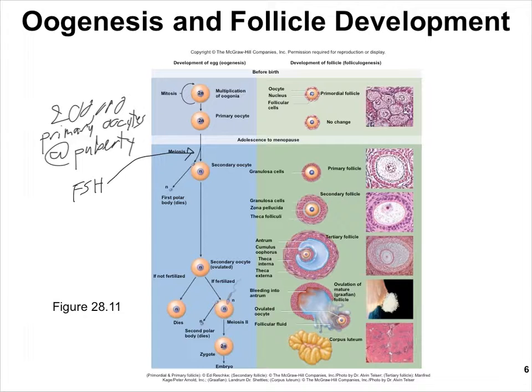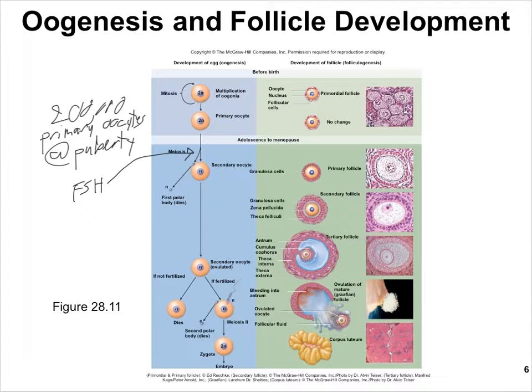So FSH stimulates the primary oocyte to develop into a secondary oocyte by undergoing meiosis 1. Remember, meiosis 1 is going to be that first set of steps that will result in chromosome reduction. So after this point, the egg will be haploid, and this secondary oocyte is haploid.